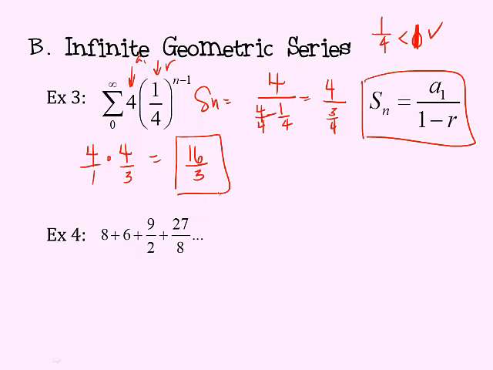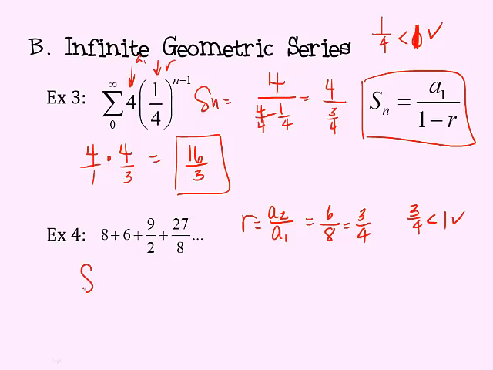All right? Now look at example 4. It's not as obvious. It's not written with the formula. So first of all, I have to find r. Remember r, you have to do the second term divided by the first term. Okay? So 6 divided by 8. Let's reduce this, obviously, by 2. So I'm going to get 3 over 4. So r is 3/4. Absolute value of that is less than 1, so it's going to converge.